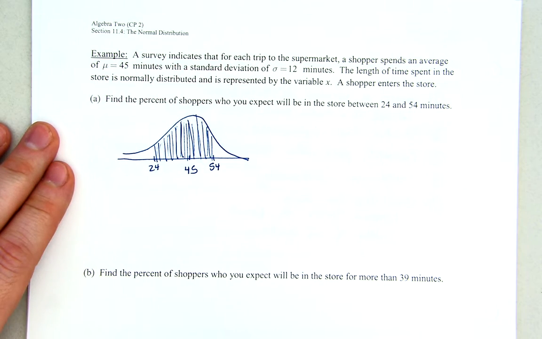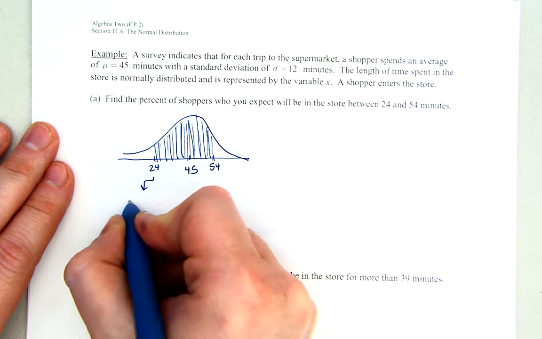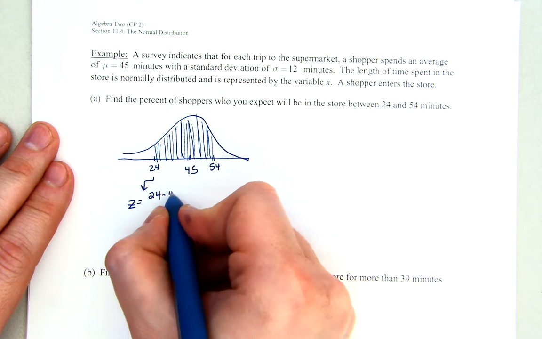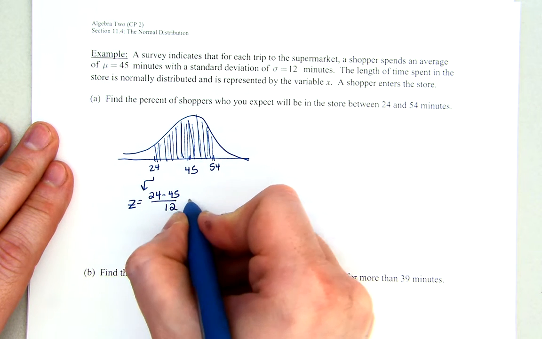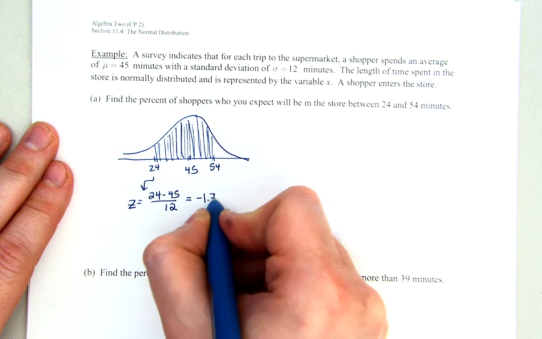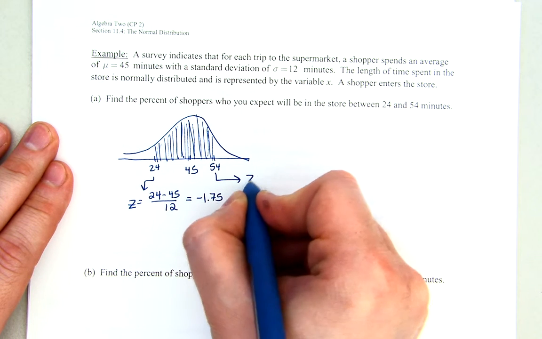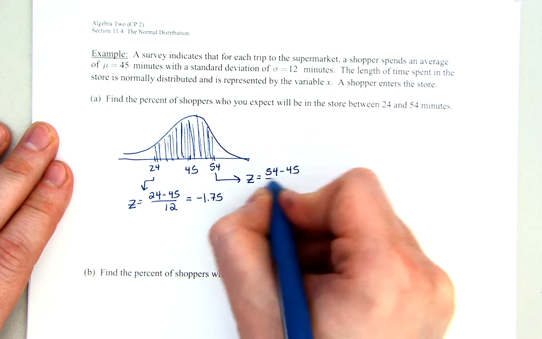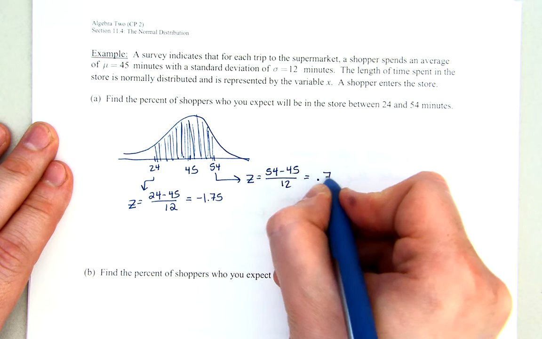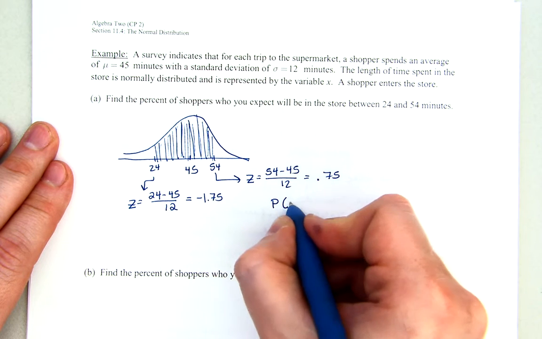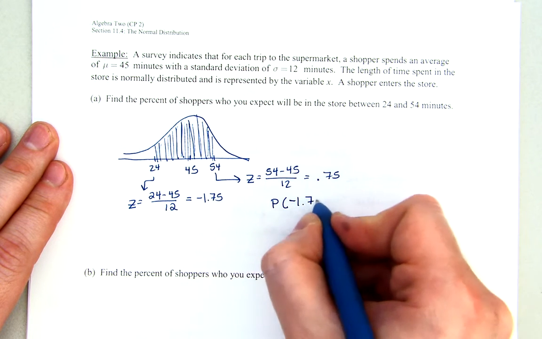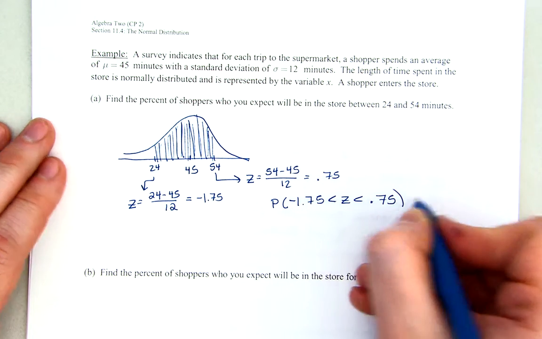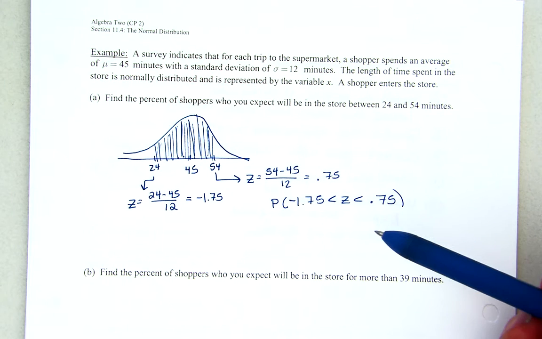And I now need to go deal with some z-scores. So 24, I'm going to say z equals 24 minus 45 over 12, which gives me a z-score of negative 1.75. 54, my z-score is going to be 54 minus 45 over 12. So a z-score of 0.75, which means I want to find the percent of data whose z-score is between negative 1.75 and 0.75.